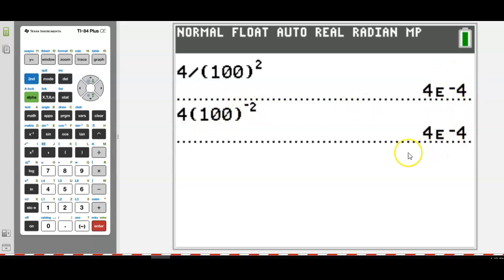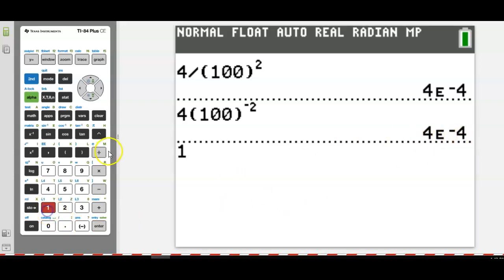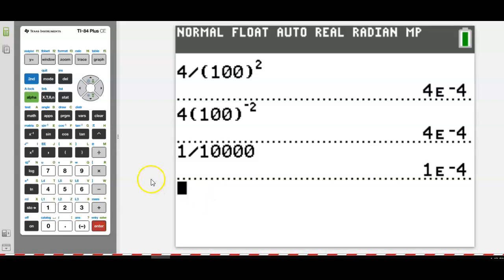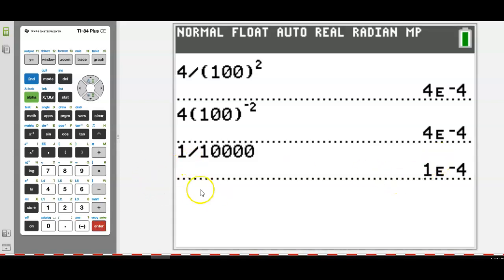All right, same thing. They give you this. Well, that's scientific notation for 4 over 10,000. My bad, I wasn't thinking about that.